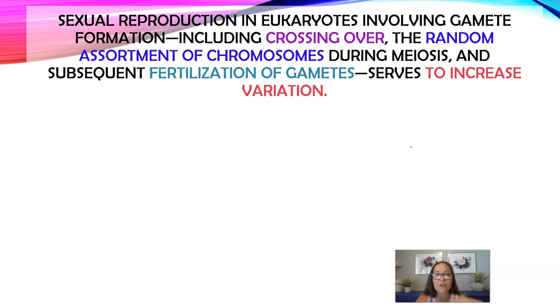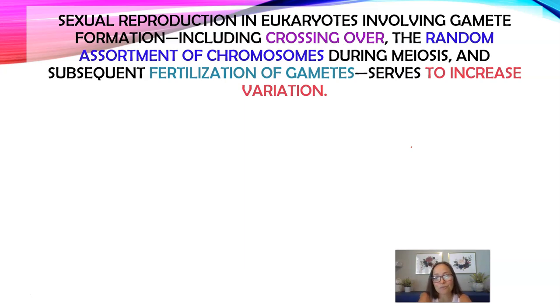When offspring are genetically different from each other, that allows for natural selection and the survival of a species in changing environments. When you have identical clones for offspring, you lack the variation, which makes it difficult to survive in a rapidly changing environment or ecosystem. So variation is always good, at least that I can think of. There may be some examples where it's bad, but I don't know any.